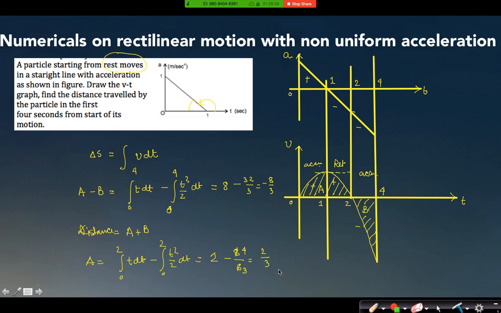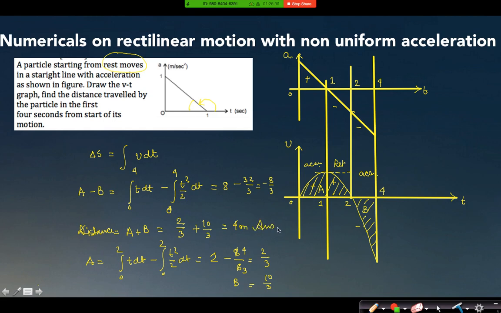So if A is 2 by 3 and A minus B is minus 8 by 3, can you find what B is now? B is 10 by 3. So what is A plus B? 4. 4 meters. So that should be the answer to your question.